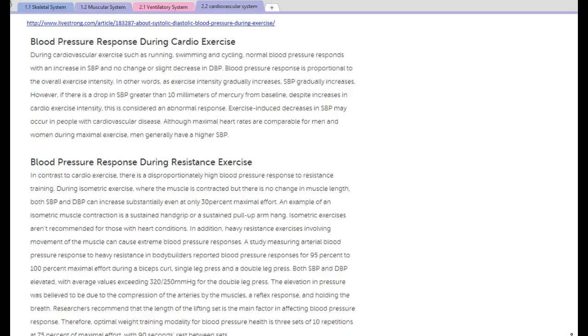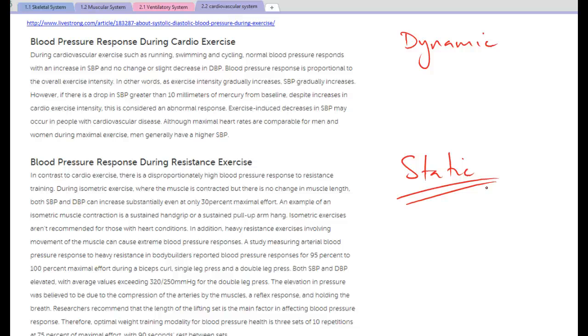Looking at the different types of activity, so looking at cardio, we're really looking at dynamic, while resistance training has periods of static with each push, as people tend to hold their breath.